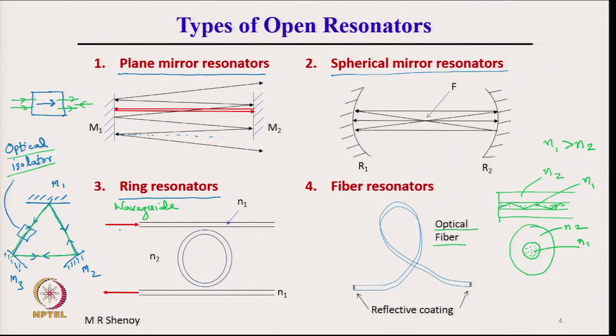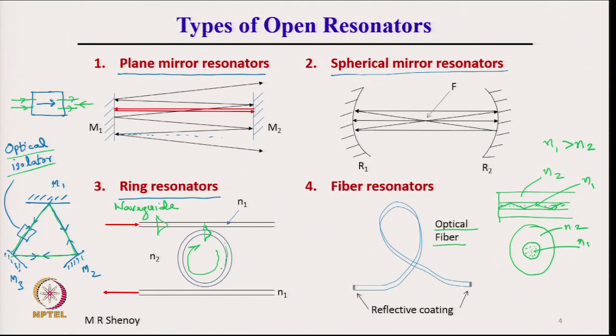Now, what is shown here is light entering the waveguide here. So, this is the mode of the waveguide. Light gets coupled at this point to this ring, which is also a waveguide. So, it gets coupled here and then travels here, and light can build up in this ring resonator.